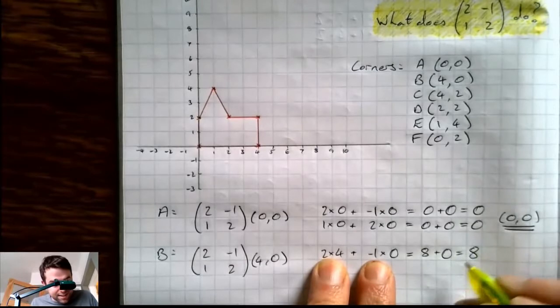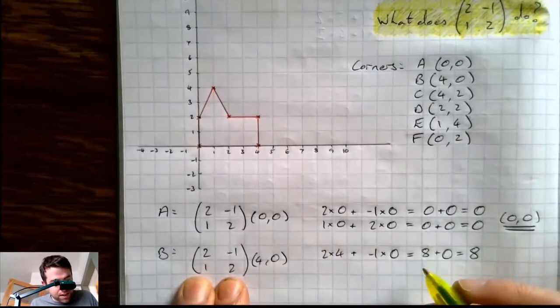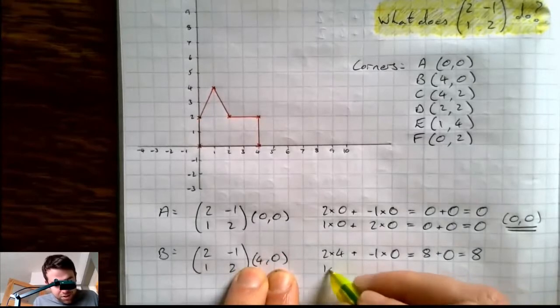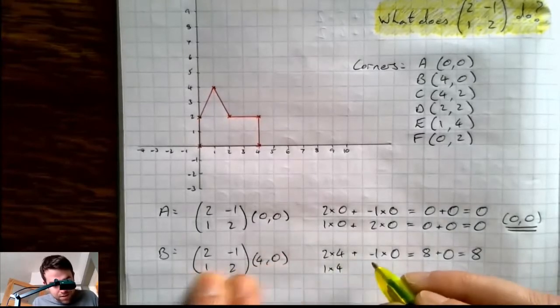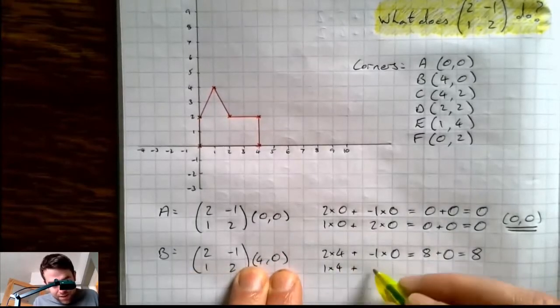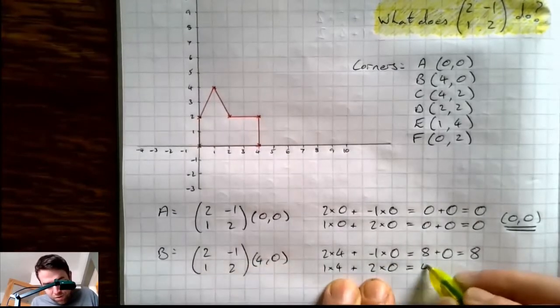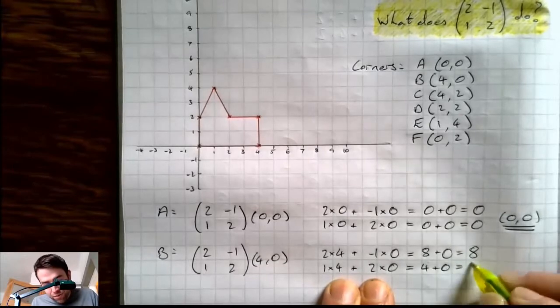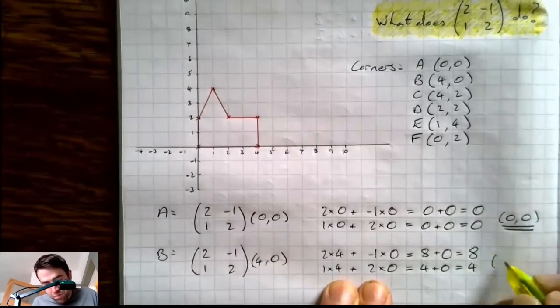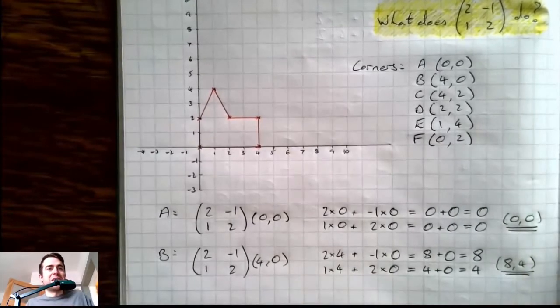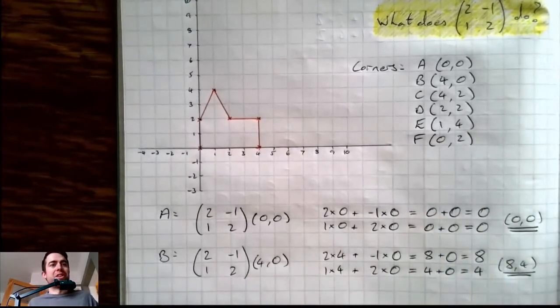So that's 8. And then 1 times 4 and 2 times 0. So 4 add 0 equals 4. And we get the coordinate 8, 4. I'm going to do that to every single one of the coordinates now.